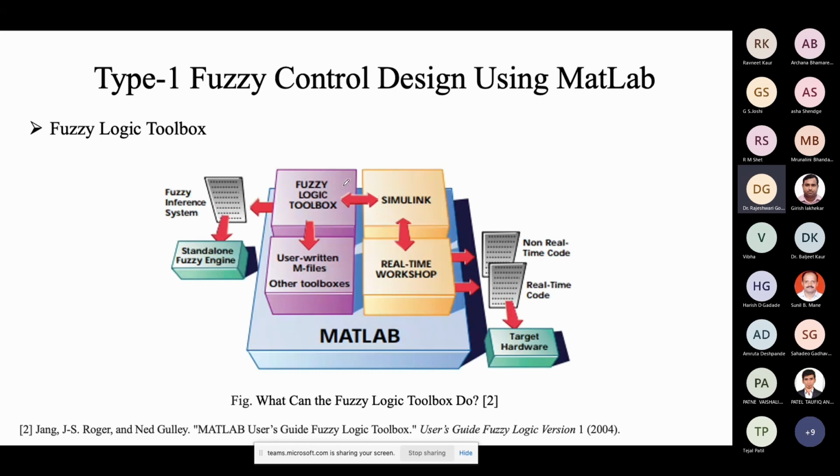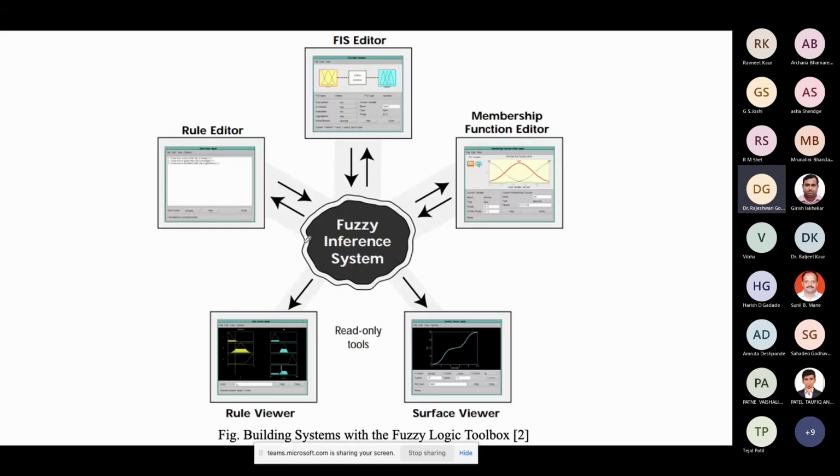The fuzzy logic toolbox can be developed by ourselves with the help of an M-file, or we can use it directly from MATLAB. In the toolbox, the fuzzy inference system has many blocks, like the FIS editor, membership function editor, and rule editor.